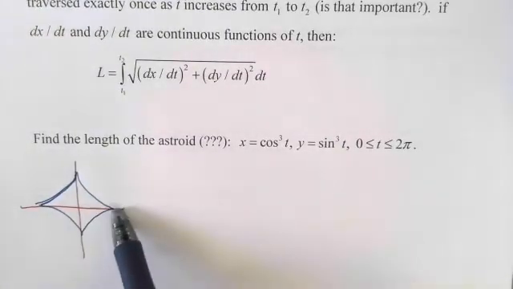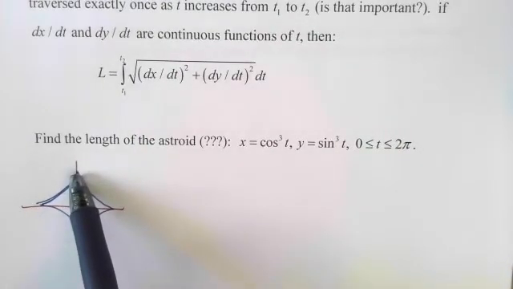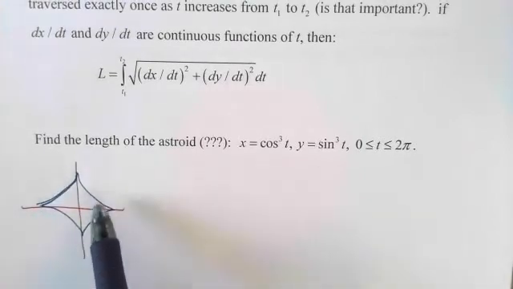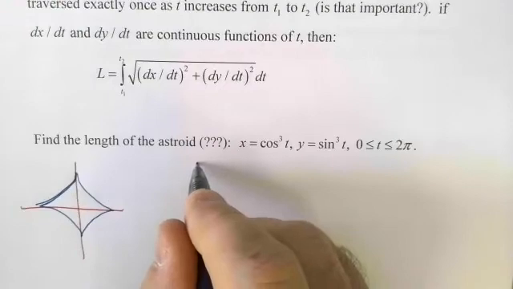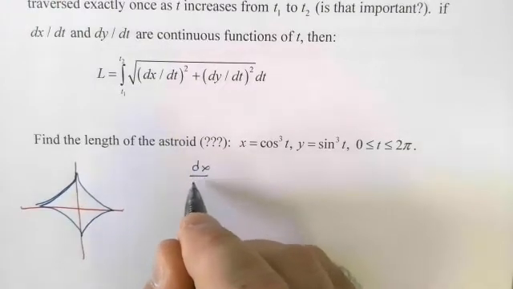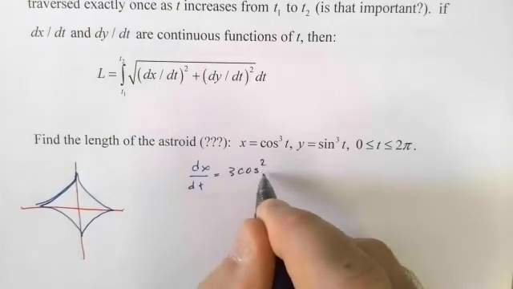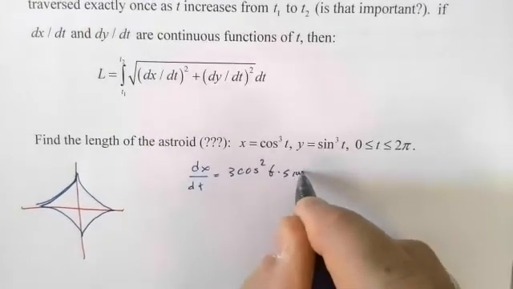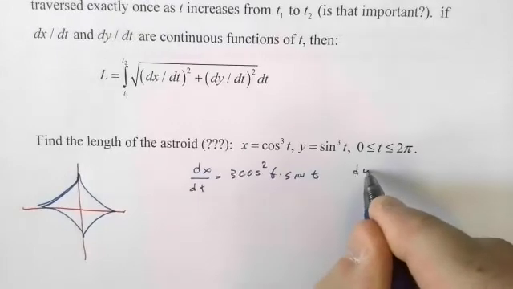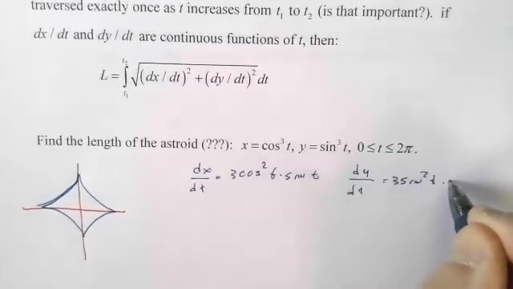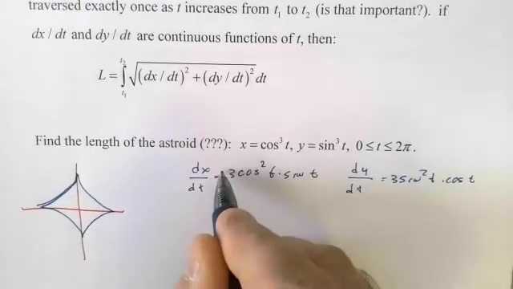At 0, you get your 1, 0, so that's the start point, and then pi over 2 gets you to here, I'm guessing. So I think I can just do it from 0 to pi over 2 multiplied by 4, because it is symmetric. Yeah, let's do that. All right, so dx/dt is 3 cosine squared t sine of t. dy/dt, 3 sine squared t cosine of t, negative.